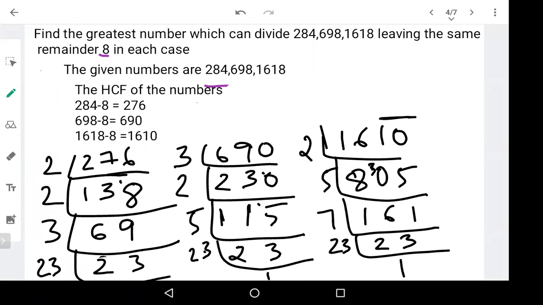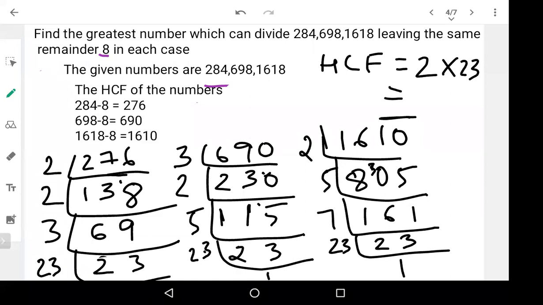Now, by just seeing this calculation, you will be able to identify the common numbers which are present, right? See, 2 is present in every number's factorization, and 23 is present, very good. Now, can I say HCF is equal to 2 into 23?